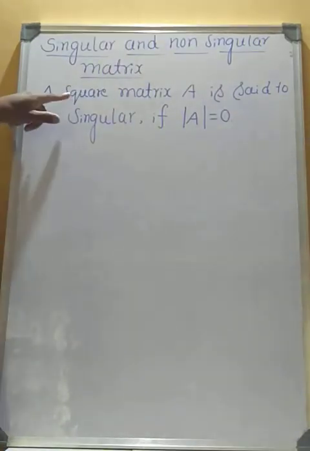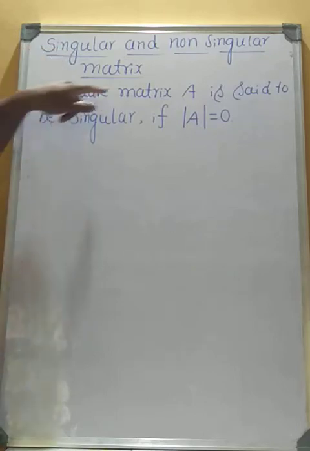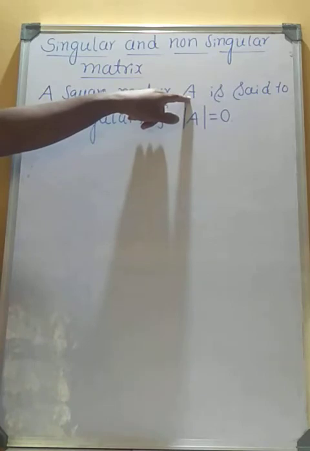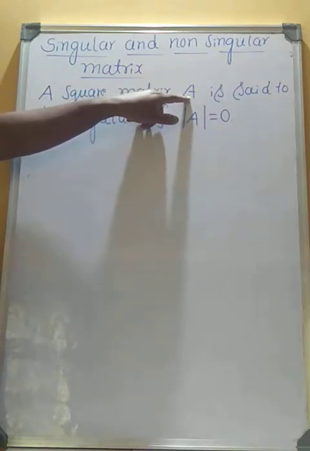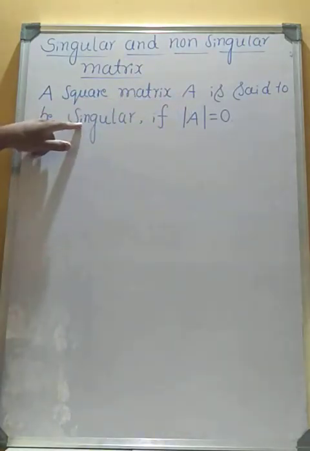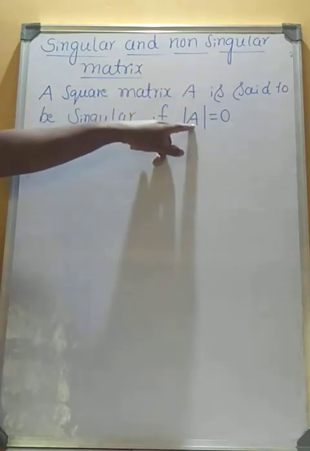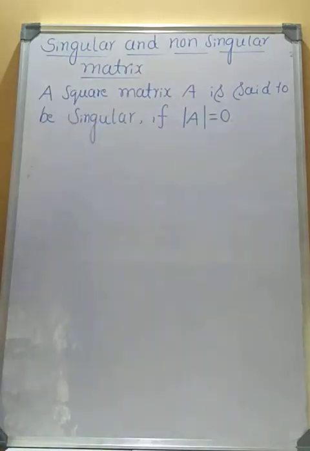This is the definition of a singular matrix. A is a square matrix, that is of order 2 cross 2 or 3 cross 3, that is said to be a singular matrix if determinant of A equal to 0.